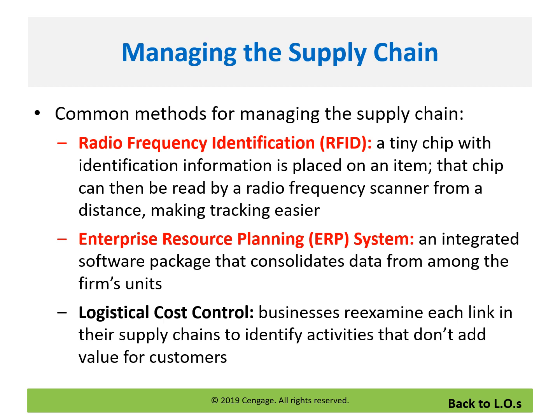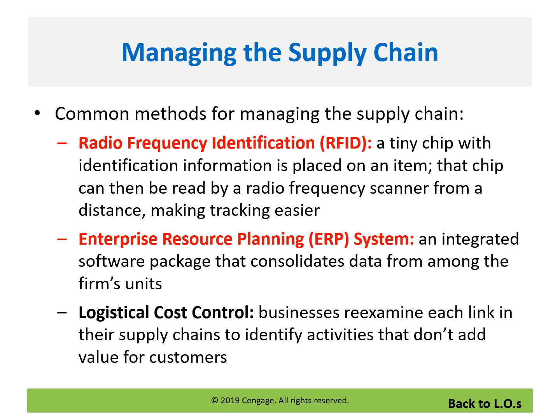Managing the supply chain. The common methods for managing the supply chain include radio frequency identification, which is a tiny chip with identification information which is placed on an item. That chip can then be read by a radio frequency scanner from a distance, making tracking of the products easier.